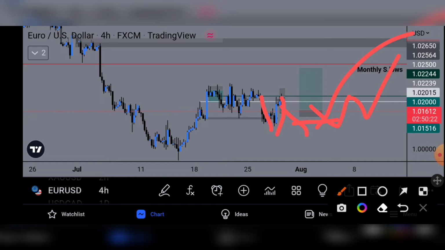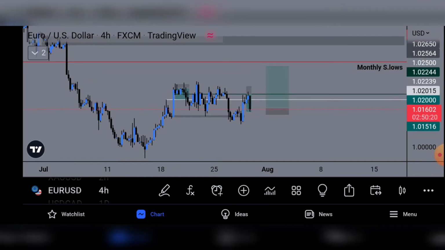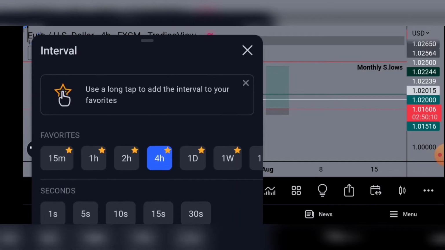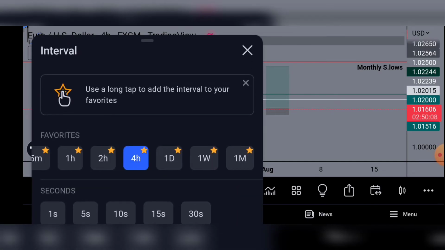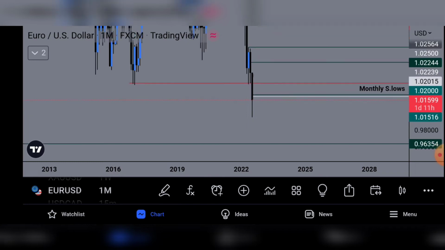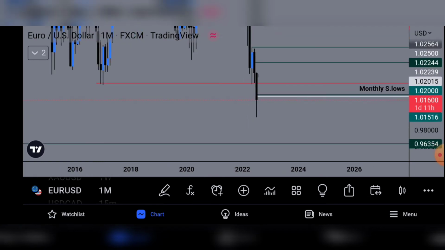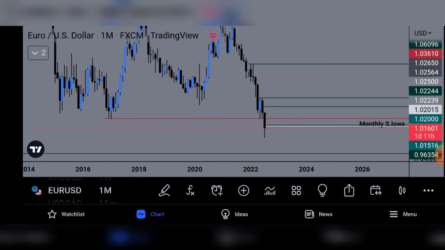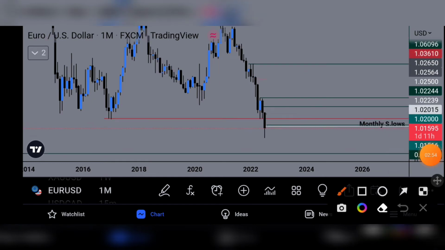The last monthly low should be your target. Actually, this is my target, last month's lows. If I go over to the monthly time frame, you definitely see what I'm talking about. Let me go to the monthly time frame so that I'll show you guys. You can see this basically monthly structural low from here.